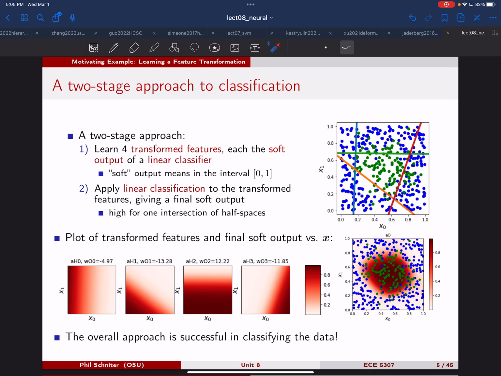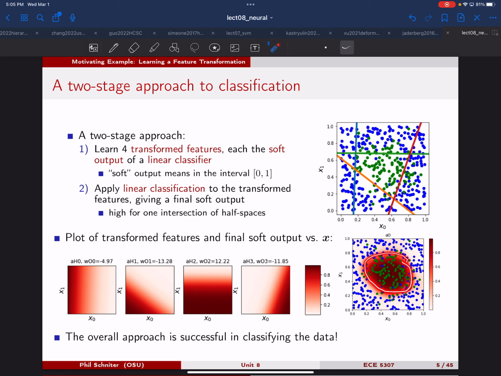The first stage involves these boundaries, and it will give us some features, which you can think of as probabilities: the probability that your data point is on this side versus this side. In this case, we're going to get 4 different probabilities. And then we're going to take those as the features for our next linear classifier.